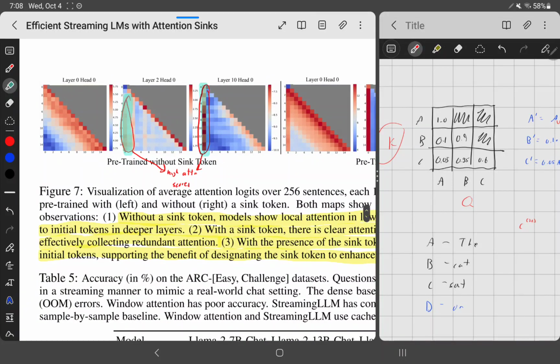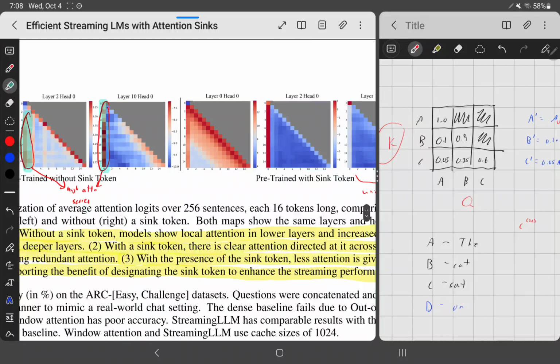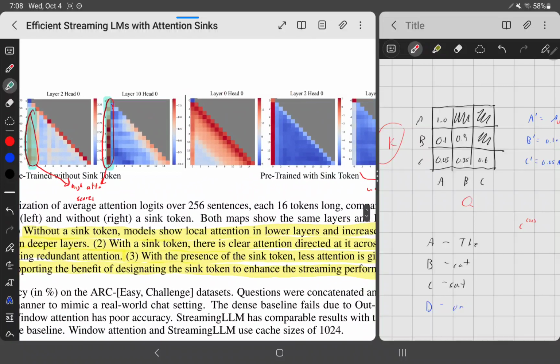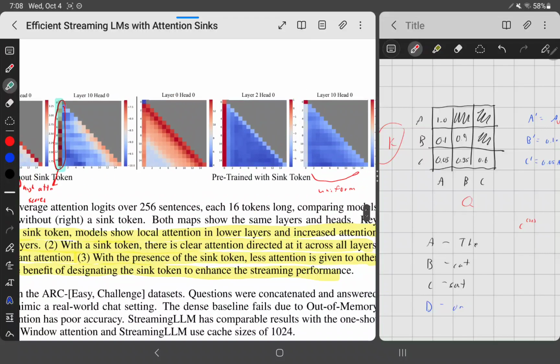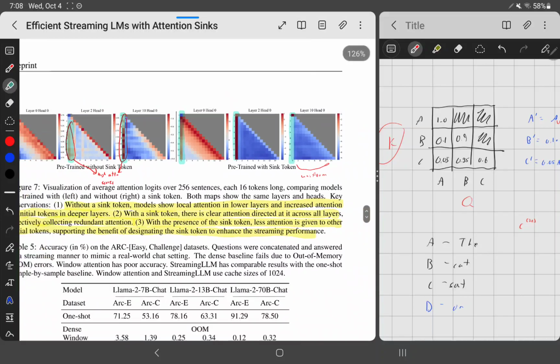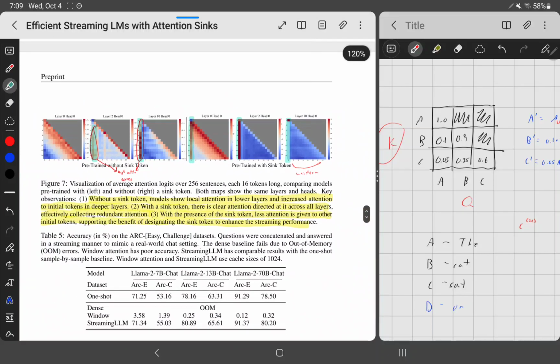But it has a lot of information going to the first few tokens, while it's a lot more uniform if you pre-train with the sink token here. It sends a lot of information to this first token only, and then it's very uniform otherwise. So this token is being utilized, as you can see. So interesting, just add the start token and it does better.